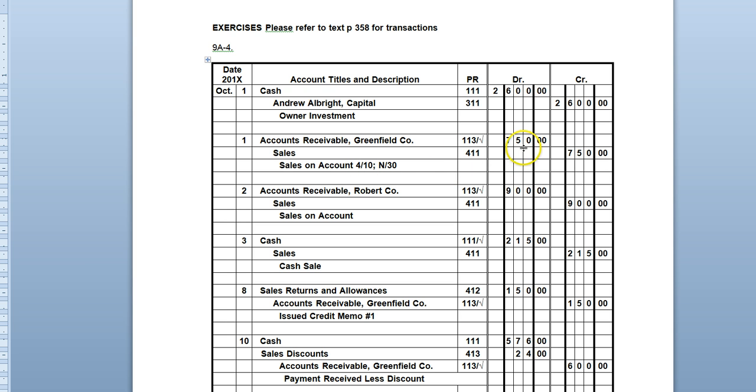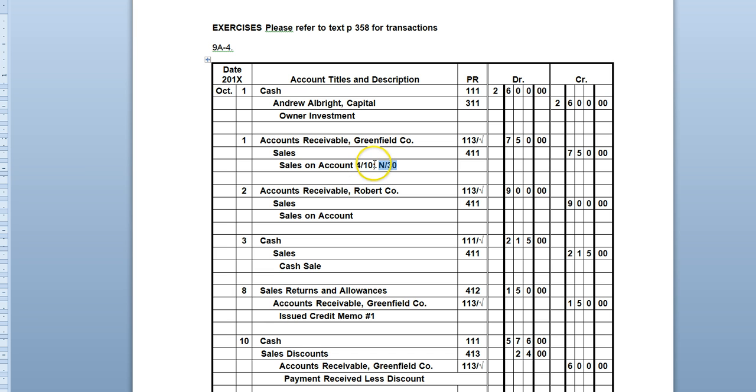So he could actually get 4%: 1% of 750 times 4 looks like $30. So the customer could get $30 off of the 750 if he or she pays us within 10 days. That's a good discount, and the buyer should take advantage of it. If they don't, they're going to lose that $30, because they have to pay the full amount on or by the 30th day.